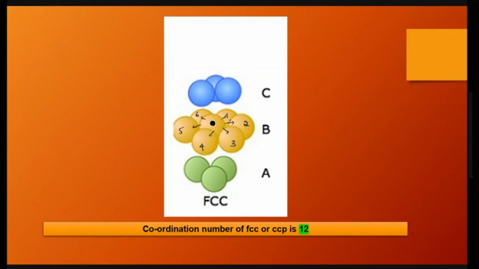Right. So right above this B layer, you have a C layer. The C layer comes and exactly sits above this B layer. So the center atom is also going to touch 3 more atoms from the C layer. It will be the 7th atom, 8th atom, and 9th atom. Similarly, from the bottom, 3 more atoms are going to touch from the A layer.